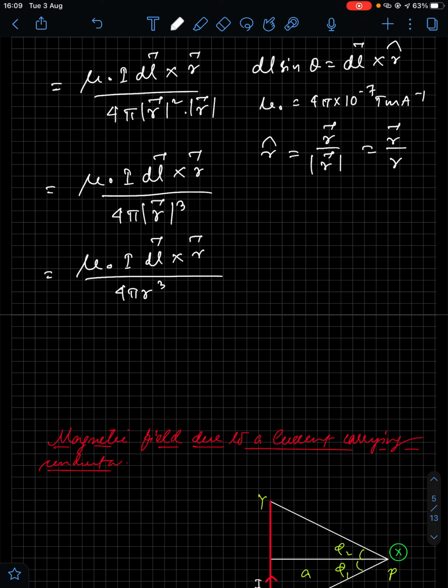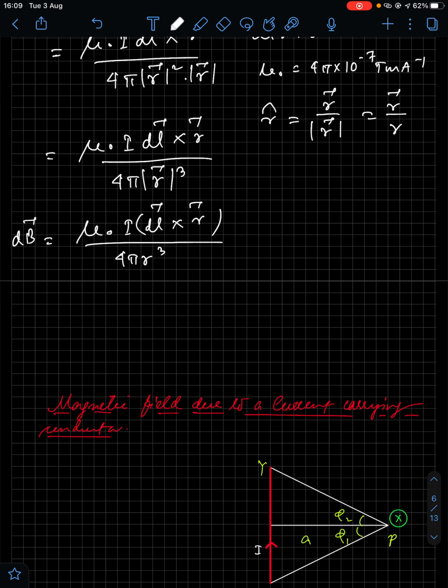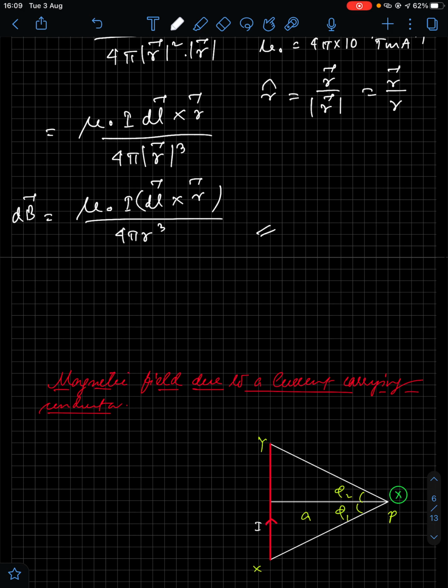In simple terms you can write this as mu naught I dl cross r divided by 4 pi r cube, removing the modulus sign and the vector sign, because once you take the modulus you are representing a scalar quantity. The magnitude is a scalar quantity only. So this is your relation for dB in vector form. I hope this is clear.